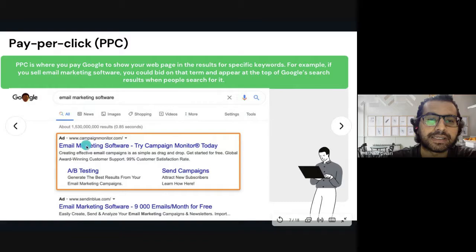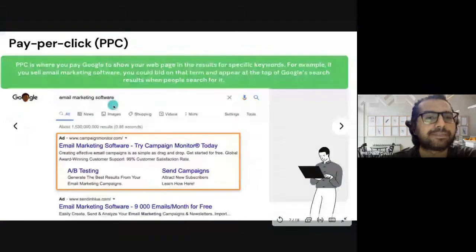These companies, Campaign Monitor and Sendinblue, both are providing email marketing software and both are targeting this keyword with PPC, on Google Ads. They are bidding on this keyword, both websites. Let's say, for example, Campaign Monitor is bidding 100 rupees on this keyword, and Sendinblue is bidding 90 rupees on this keyword.